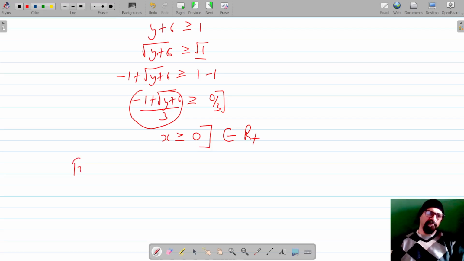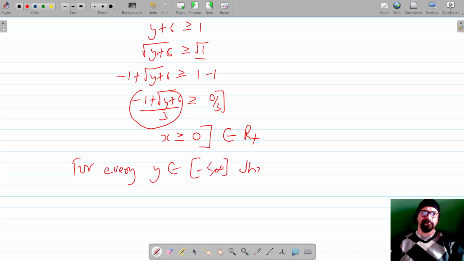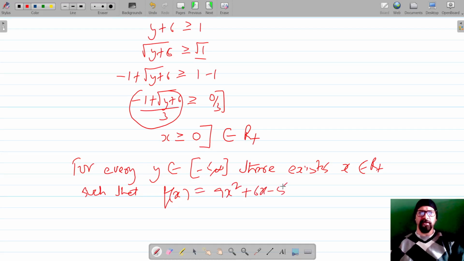So we can say that for every y that belongs to minus 5 to infinity, there exists x that belongs to non-negative real numbers such that f of x is equal to 9x squared plus 6x minus 5.